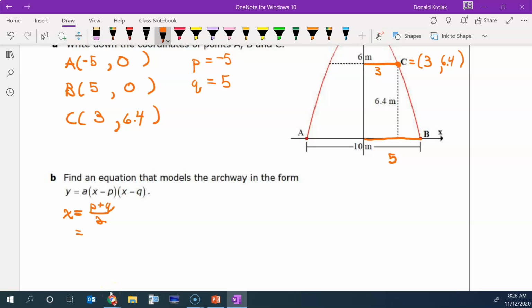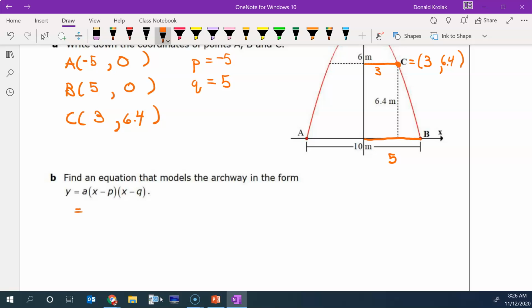That's right where it is. So this is -5 plus 5 divided by 2 equals 0. Now, actually, we probably didn't even need to do that because we know P and Q. So I'm going to get rid of this. Kind of jumped the gun there.